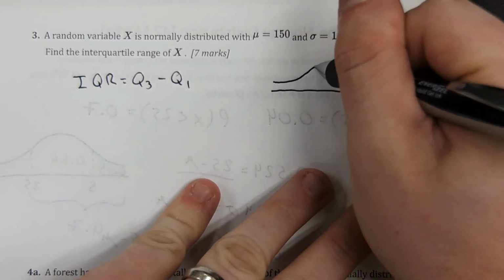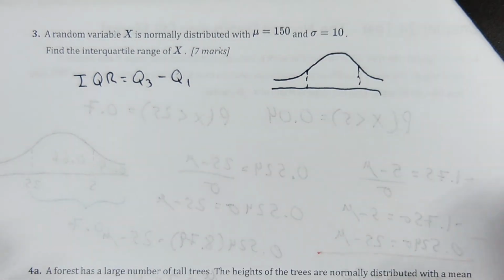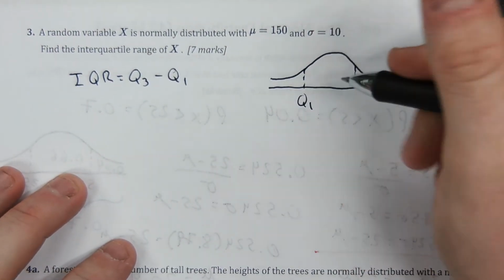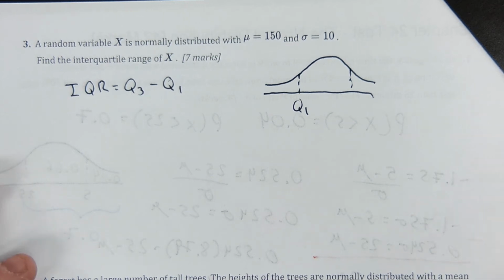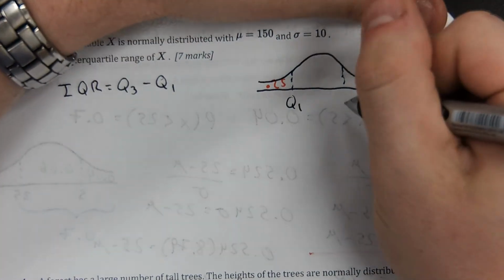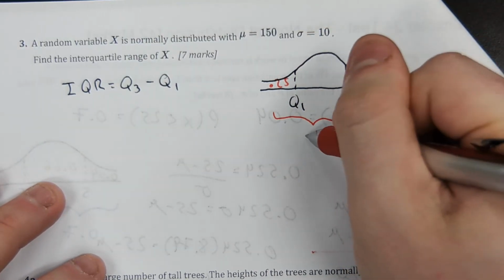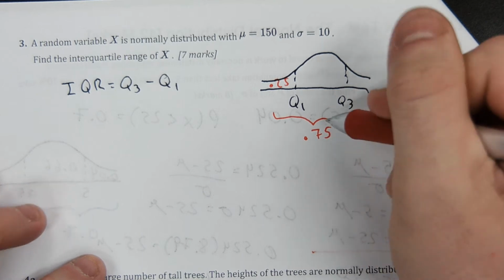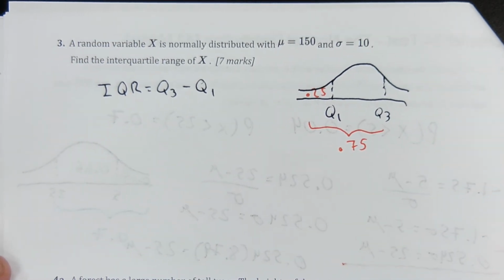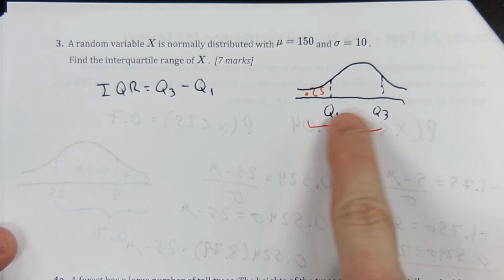If you were to draw it, you've got here and here. If this is Q1, how much data is to the left of Q1? 25%. And how much data is to the left of Q3? 75%. So all we need to do is use inverse normal with the given information to find Q1 and Q3.